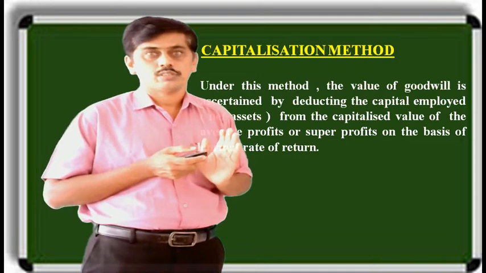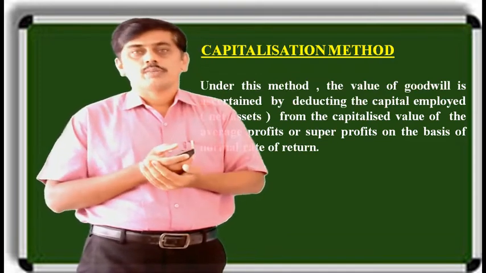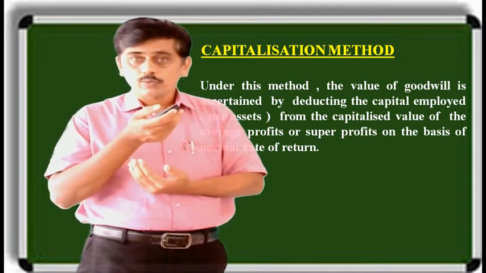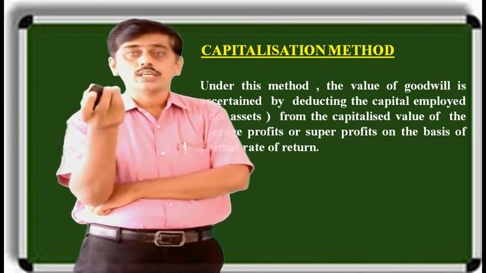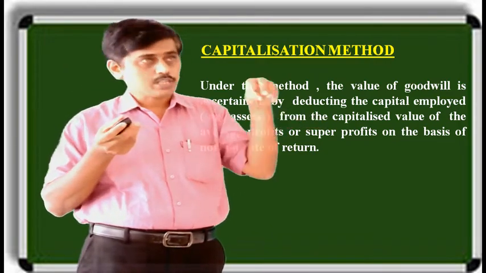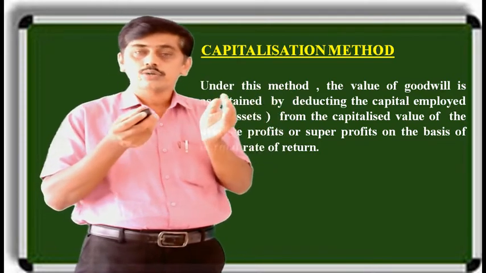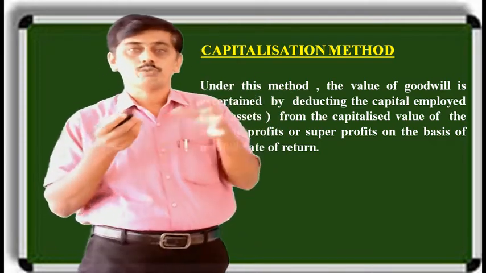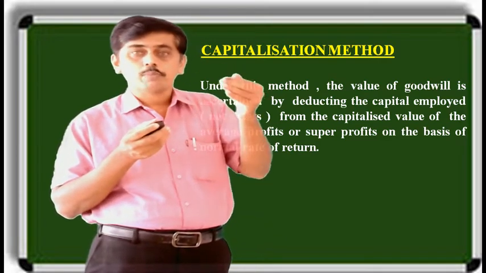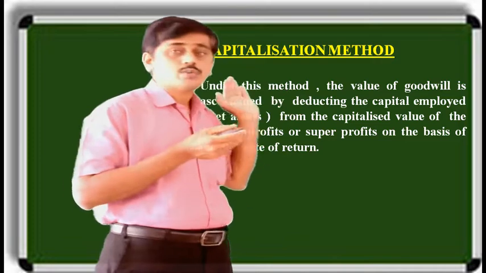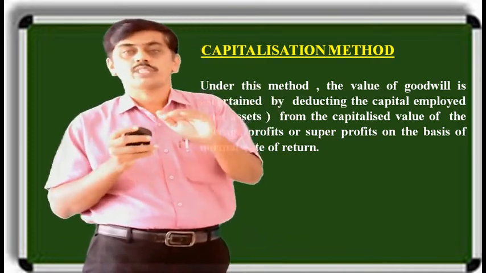What is capital employed? Capital employed is the value of net assets, meaning total assets minus outside liabilities. We get goodwill by deducting the capital employed from the capitalized value of either average profits or super profits, as the case may be.